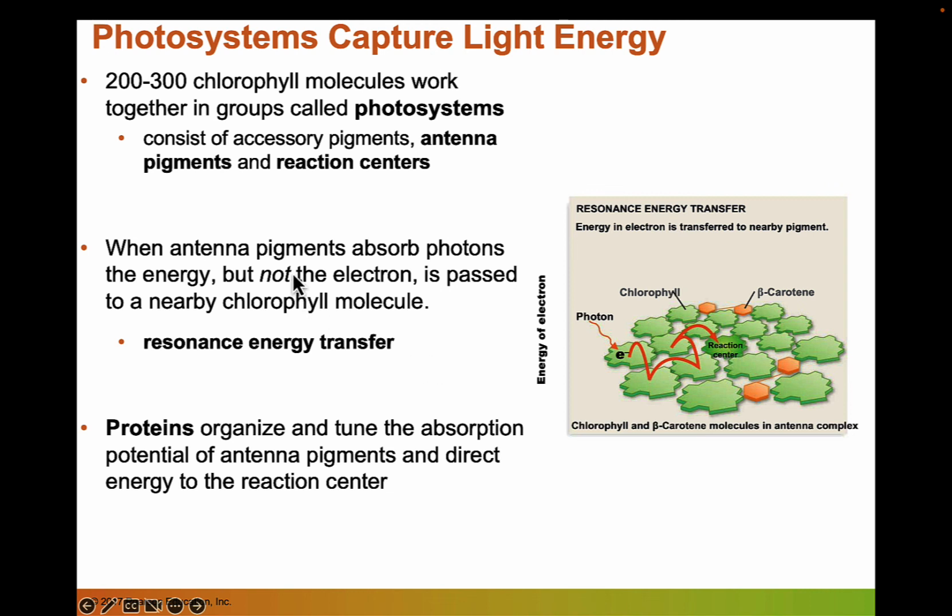We call this transfer of energy, but not the electron, from chlorophyll to chlorophyll in these antenna pigments, resonance energy transfer. And as I mentioned, proteins organize and tune the absorption potential of these antenna pigments to direct the energy to this reaction center.